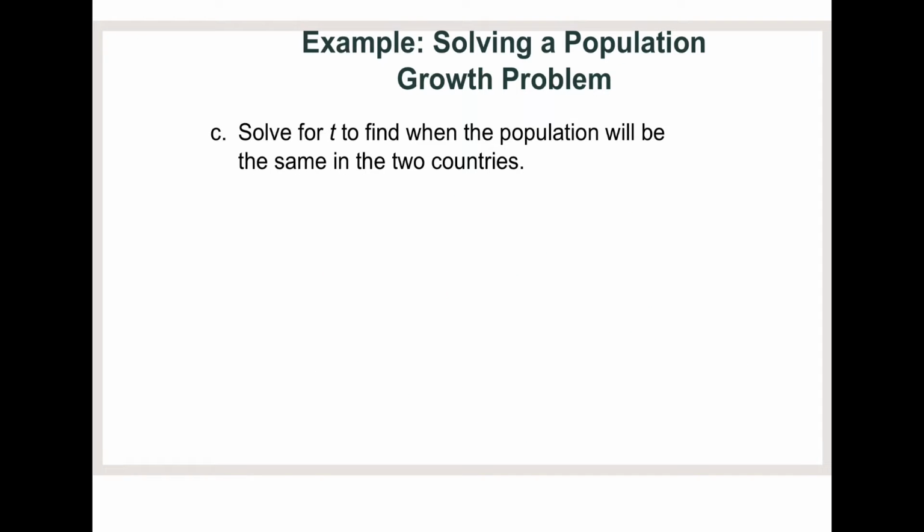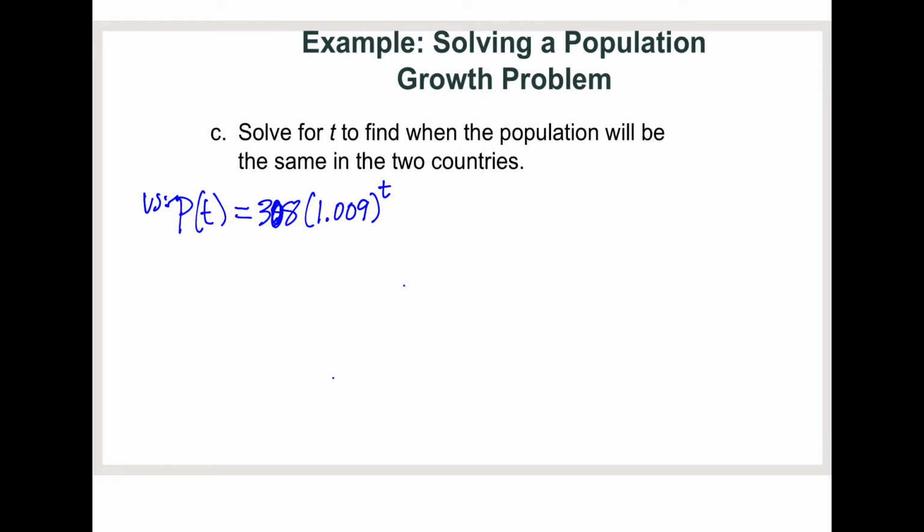On the last part of this question, it says to solve for t to find when the population will be the same in the two countries. So our two population functions: for the U.S., P of t equal to 308 times 1.009 to the t power.